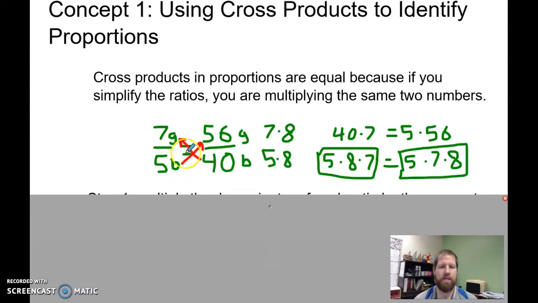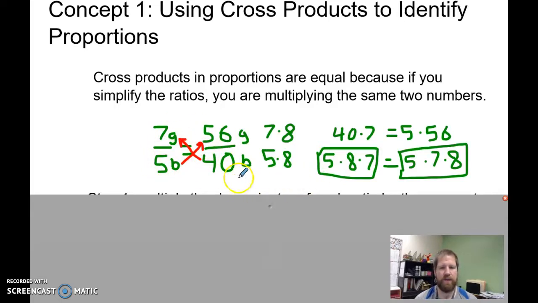But sometimes it's a lot easier than just simplifying one of your ratios. If you can easily simplify one of your ratios, you can just look at that and say, okay, that's 7 times 8, and that's 5 times 8, and then 7, 5, 7, 5. Yeah, that would be an equal proportion.